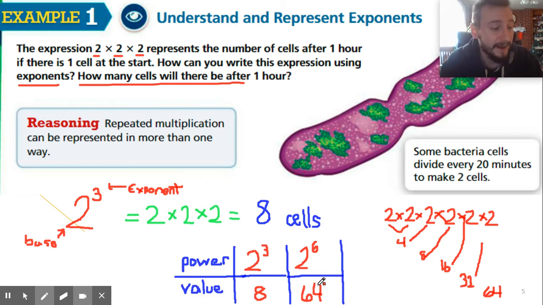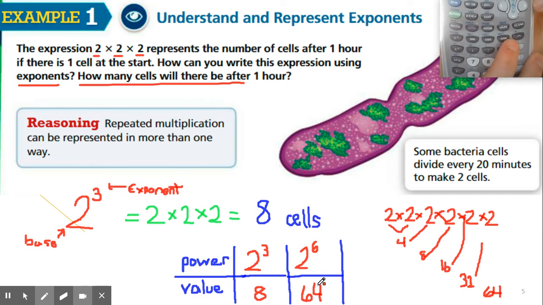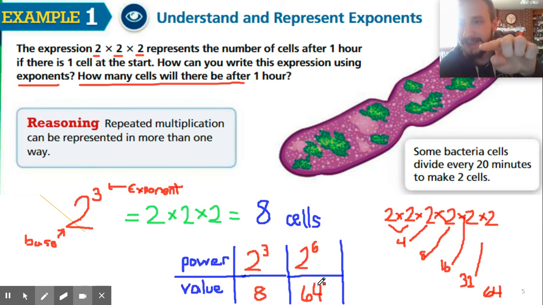And a little fun fact for you, on your phones or calculators, the shortcut to solve 2 to the sixth power, if you look very close on a calculator, you'll see this little up icon. It kind of looks like a caret, is what they call it. That means to the power of whatever it might be.